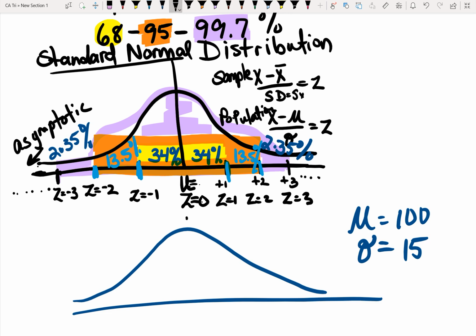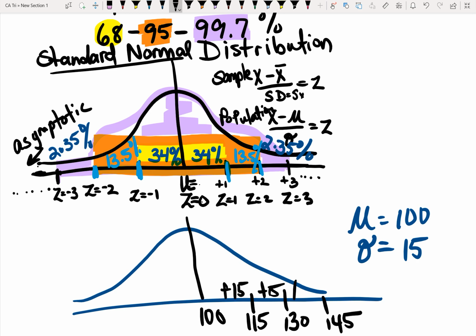The center is where the mean is residing, so this would be 100, and this will go up 115, 130, 145 on this side, because you're going up plus 15. So this is like plus 15 again, and plus 15 again. On the left side of this, we're subtracting 15. So if the mean is 100, take away 15, the first value at z of -1 would be, in this case, 85. Take away another 15. Now we're at a z-score of -2, right? Which is, in this case, 70.